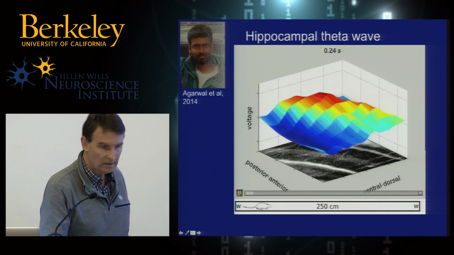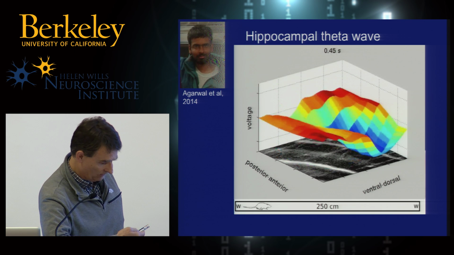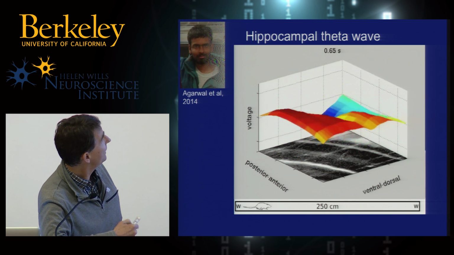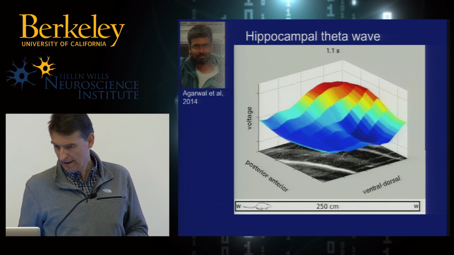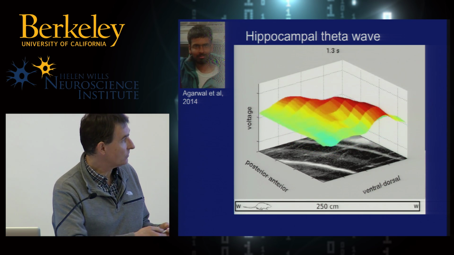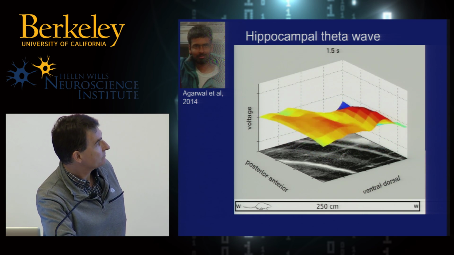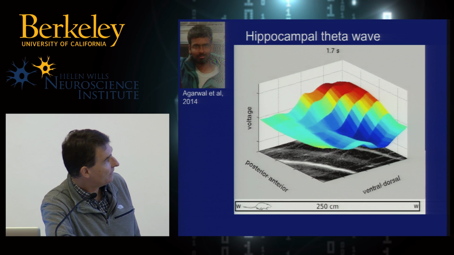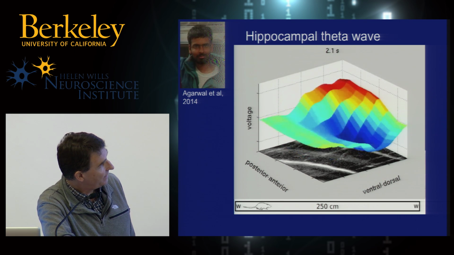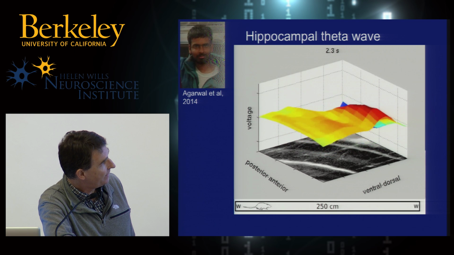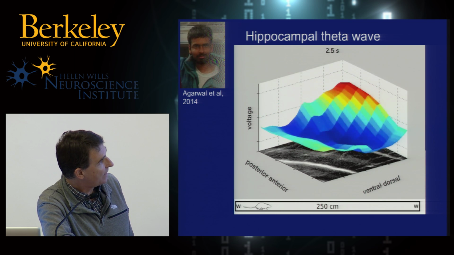And this is where a project with Gautam Agarwal started, a former postdoc in my lab. So here, this is the anatomy of CA1, and we had an 8x8 electrode array, and this is again Buzsaki lab data.